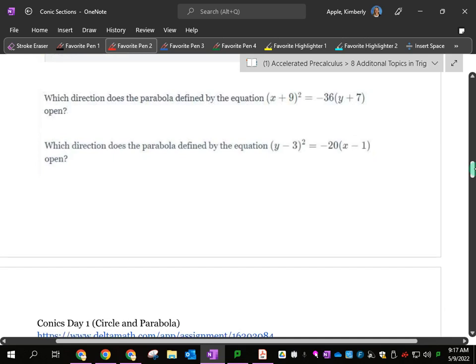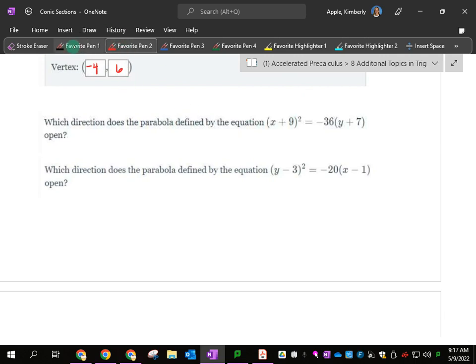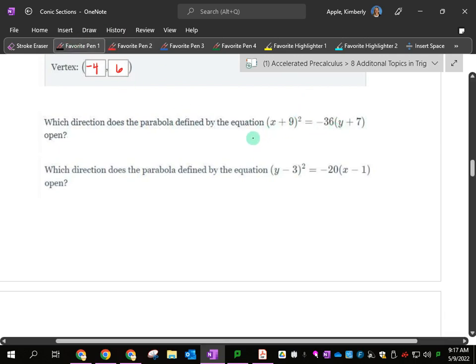All right. Which direction does the parabola defined by this equation open? And so here's how we figure that out. Step number 1, always rewrite in the general format. So this would be 4 times -9, y minus -7. Now, based on what you see here, is this one an up-down or a left-right?